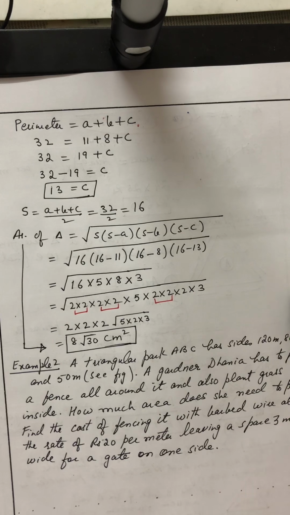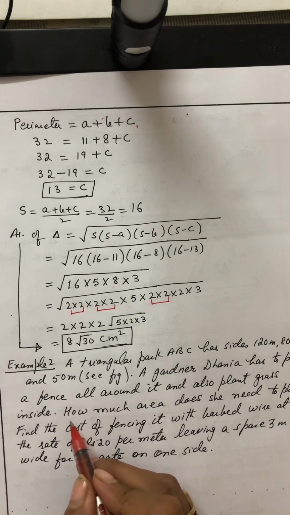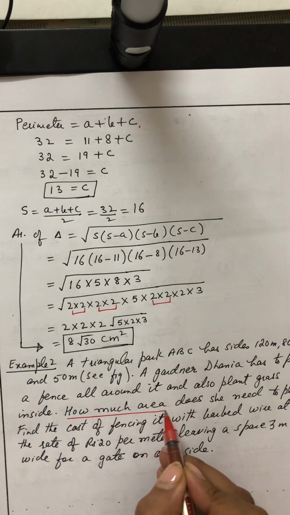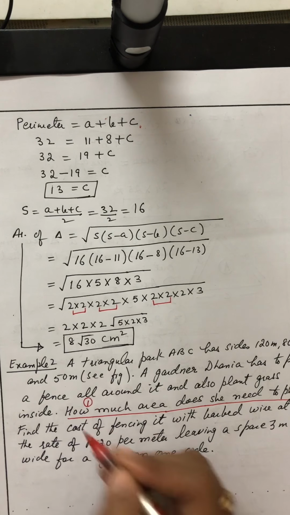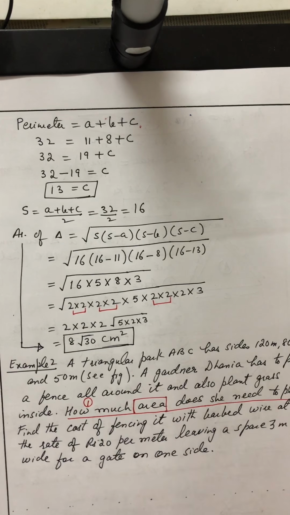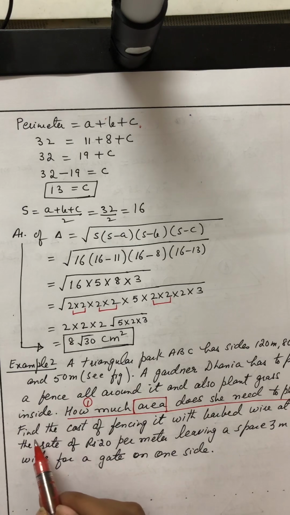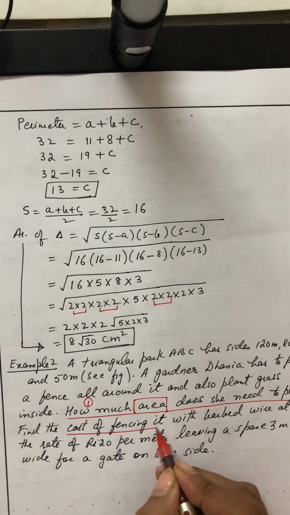Before starting with this question, let's see what all we have to find. We will underline it in the question itself so that we do not miss out on any of the parts and lose marks. How much area does she need to plant? This is one thing we have to find out. We have to find out the area, right? Then find the cost of fencing it.